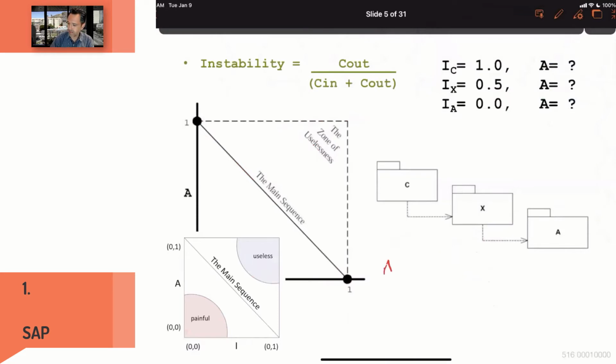Scenario number 1, when I told you that abstraction is 0 for all of them, and you calculate instability, and you agree with me, well, this one 1, this was 0.5, and this was 0. When I told you that the scenario is that the packages only have concrete classes, which of the 3 packages is the best option, is good to go?